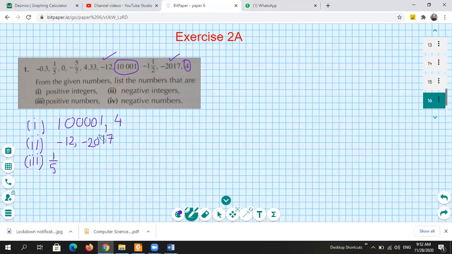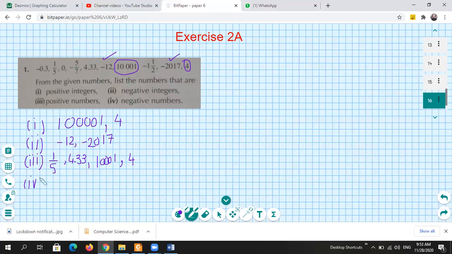Minus, negative number. 4.33, positive number. Then 10,001. 10,001 is an integer, but it is also a number. Then 4. So these numbers are positive numbers.